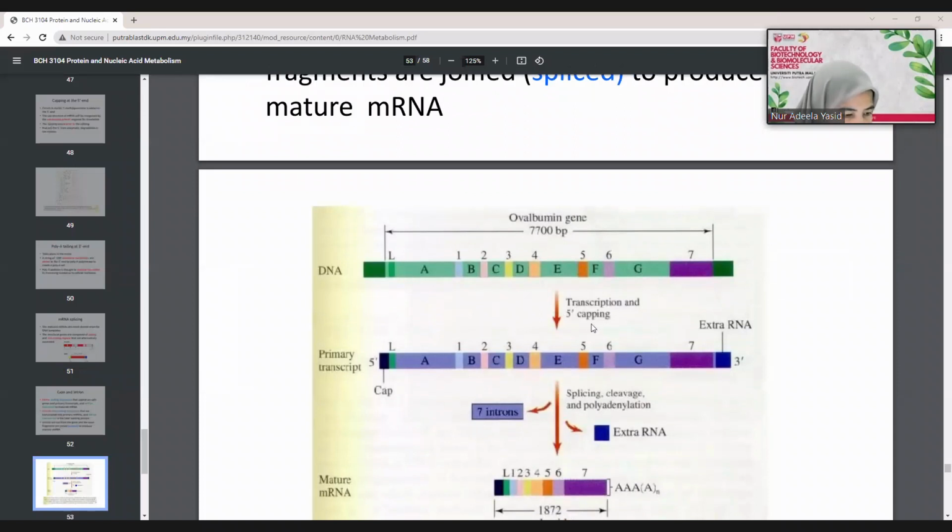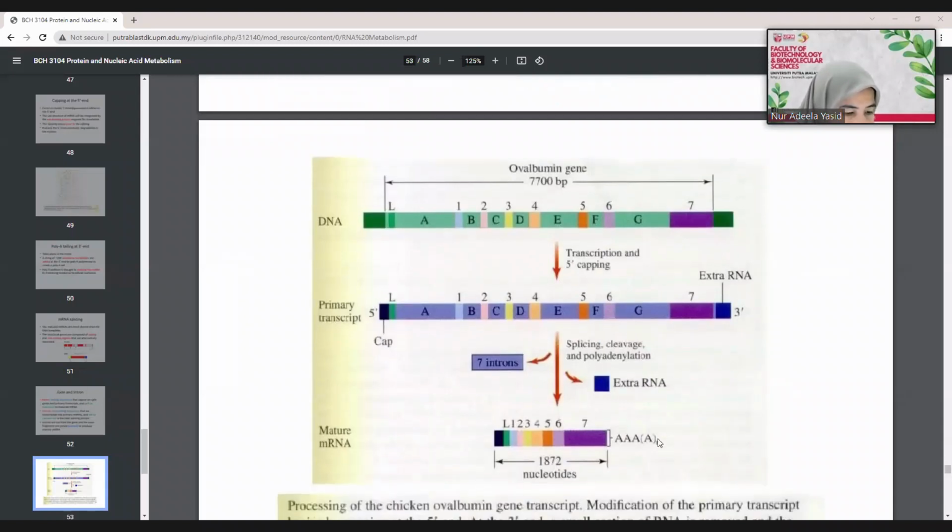So let's say this is your DNA. It undergoes transcription and capping, and then it undergoes splicing, the cleavage of the introns.